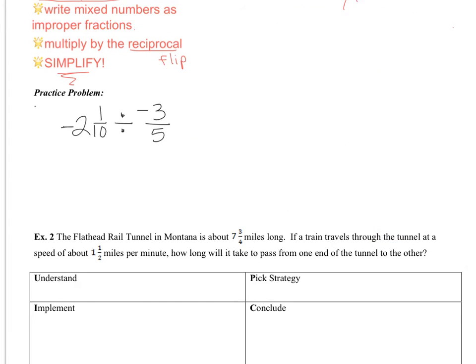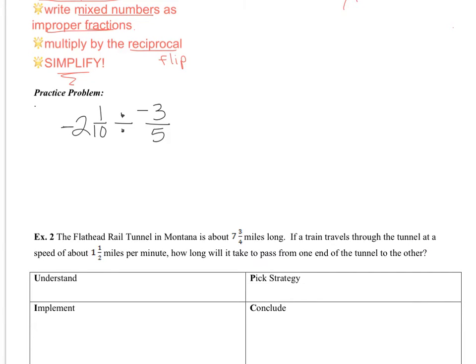Okay, I've moved down to the practice problems here on the bottom. We're going to solve negative 2 and 1/10 divided by negative 3/5. I'm going to give you a couple pointers before I let you work on your own. Remember, our first step is to change our mixed numbers into improper.